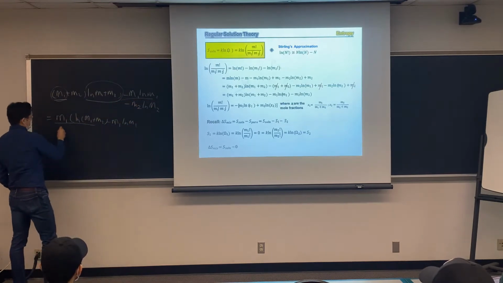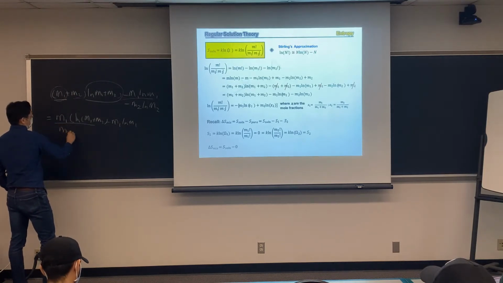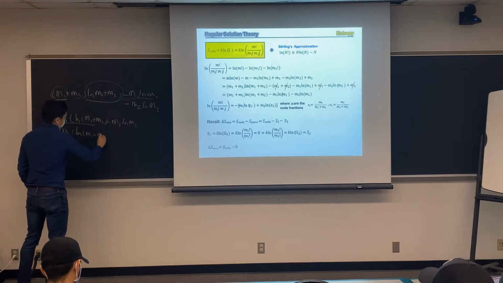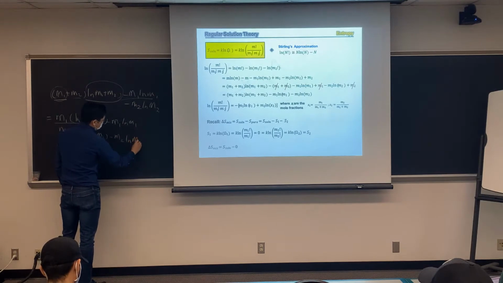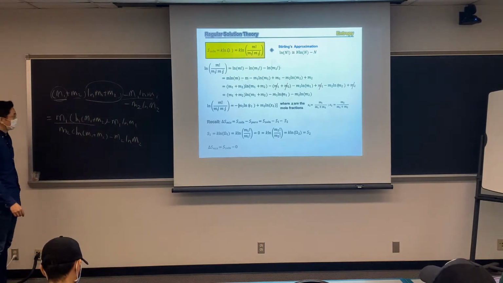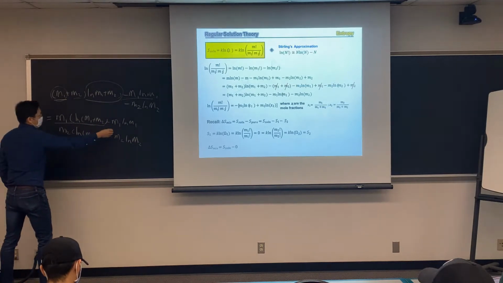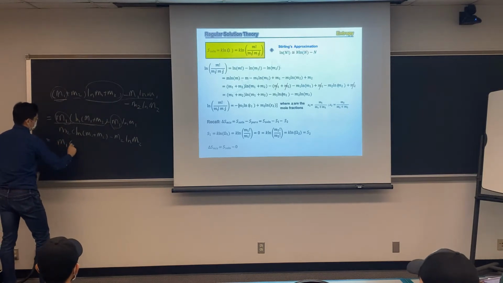What is left is a symmetric part. Now what is left is m2 multiplied by log m1 plus log m2 minus m2. Almost a symmetric equation. One of the beauties of the log is they share m1, so you can take them out.